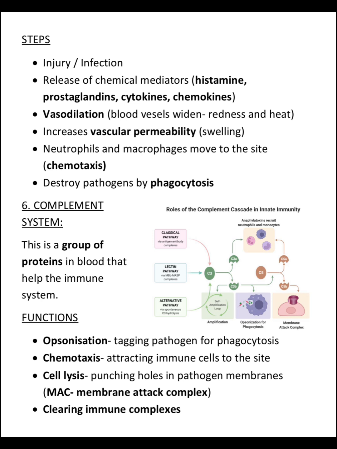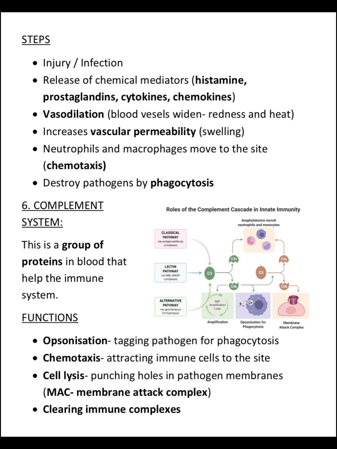During an injury or infection, pathogens enter or the tissue is damaged. Injured cells, mast cells, and macrophages release chemical mediators such as histamine, prostaglandins, cytokines, and chemokines. This results in vasodilation. The blood vessels widen, causing more blood flow and resulting in redness and heat.